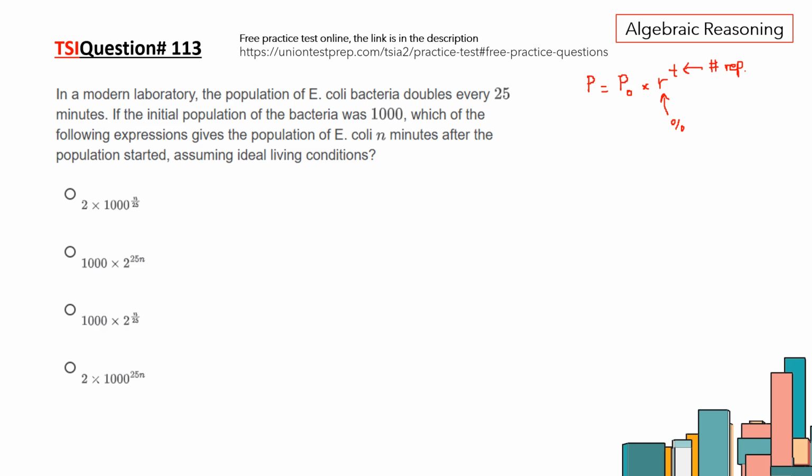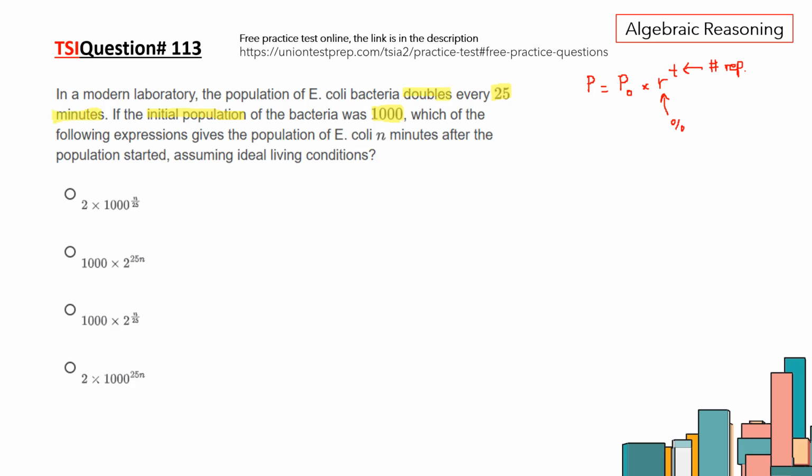In this question, we have the initial population, P naught, which is 1,000. We also have information about the number of replications, because they say every 25 minutes the population will double.